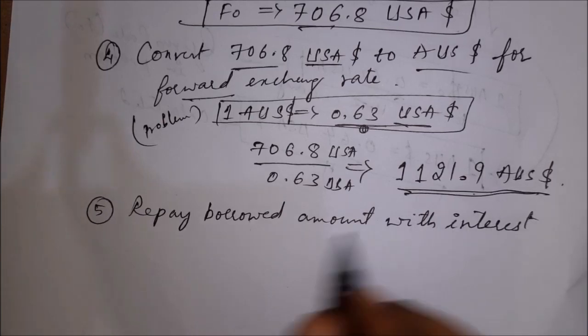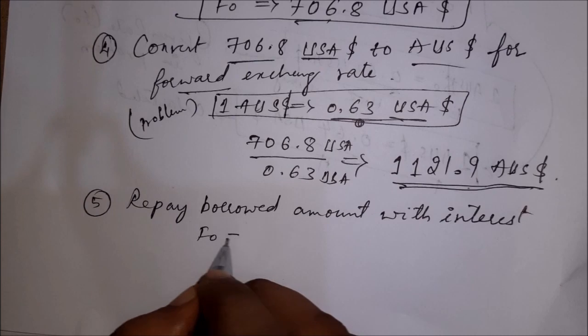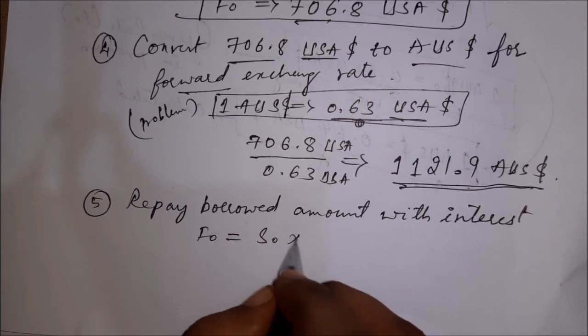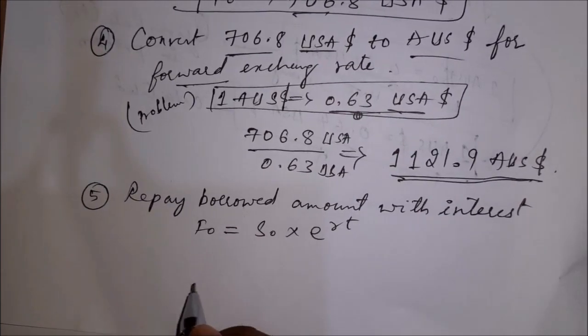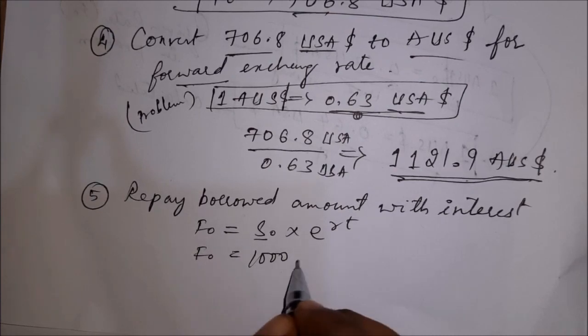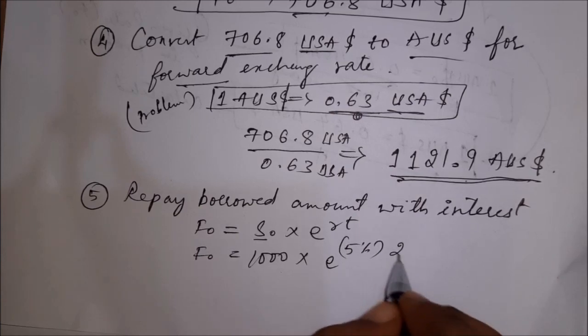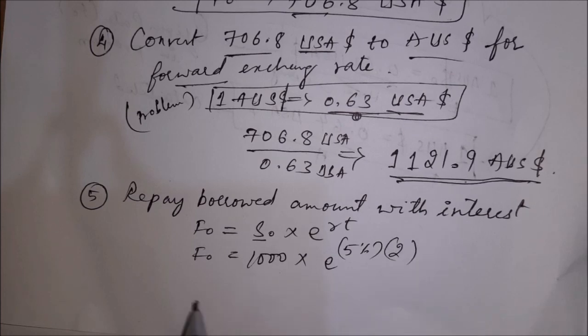We have borrowed 1000 Australian dollar at 5% for 2 years. Forward price is equal to spot price into e to the power RT. Spot price will be here 1000, and e to the power rate 5%. We have borrowed at rate 5% and for 2 years.